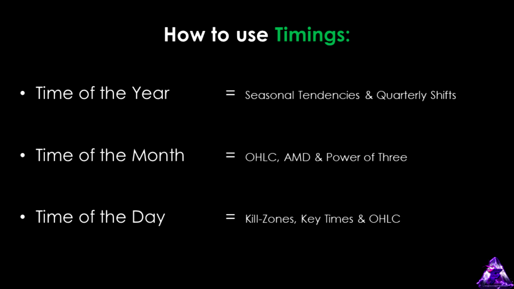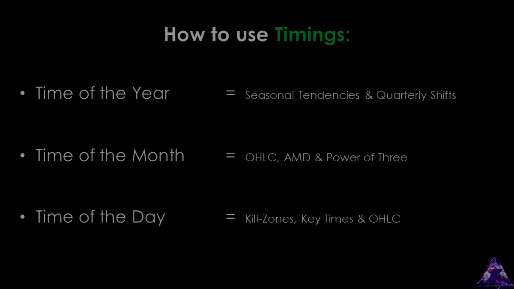For dividing the daily range, you can use concepts like kill zones, key times, and the open, high, low, close concept. These concepts will help break down the daily range into quarters and filter out lower probability conditions. I've made episodes on a few of these concepts, and there's more to come, so make sure to watch them all.